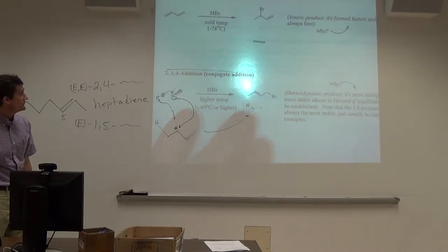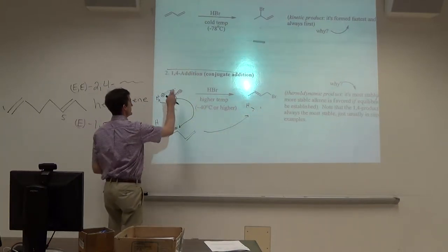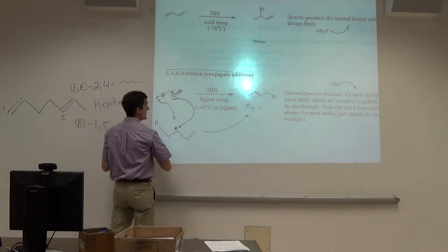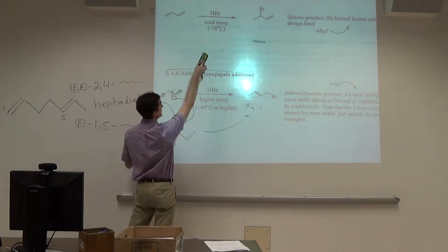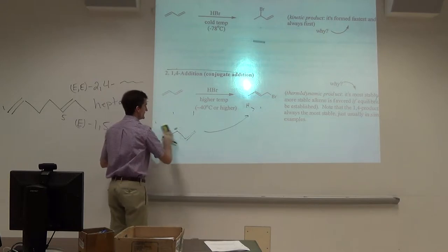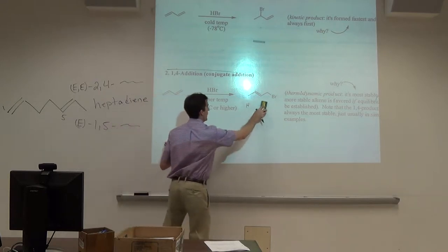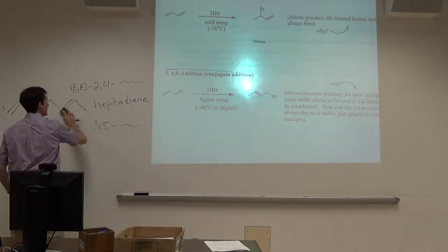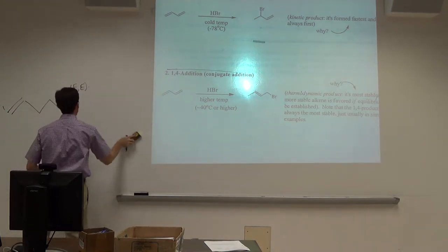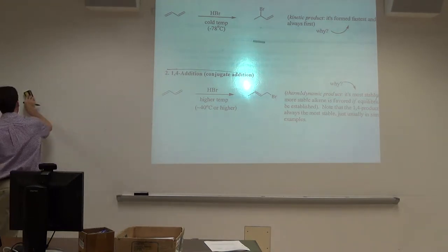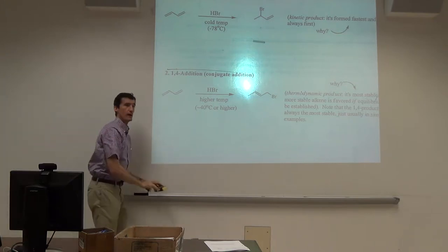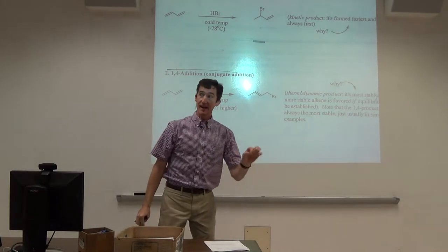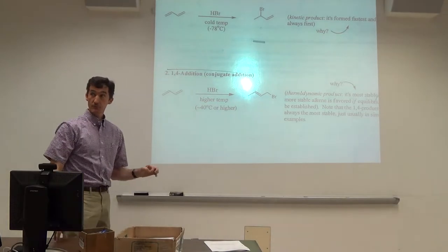Now, on the other hand, if you do the same reaction, same molecule, same reactant, but at higher temperature, not cold. By the way, why do we say minus 78? Why didn't I say minus 72 or 74? What's special about minus 78? If you put dry ice and acetone, it will achieve a temperature of minus 78.